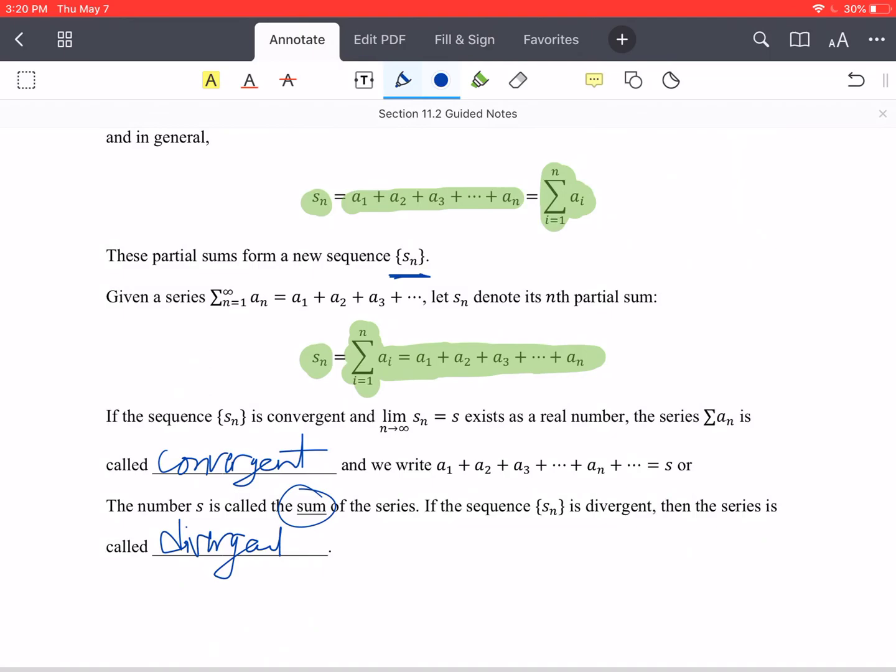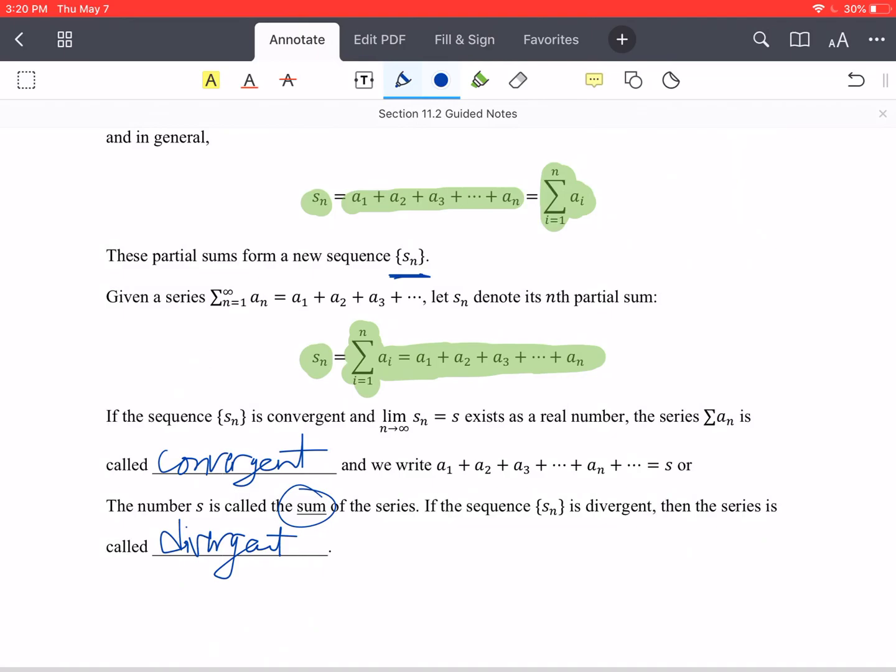Okay, so we're looking at these partial sums for the sequence. So we're looking up to just the nth term, and if we get that the sequence converges, it approaches a specific value, then that means the series converges.